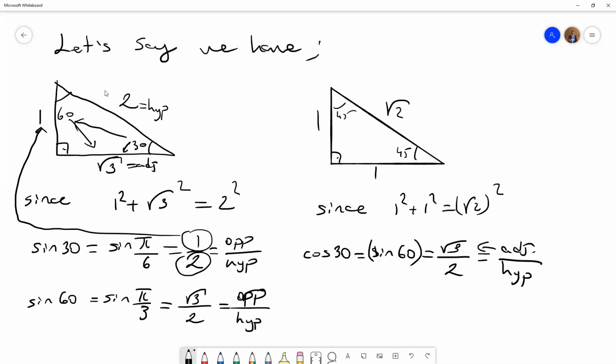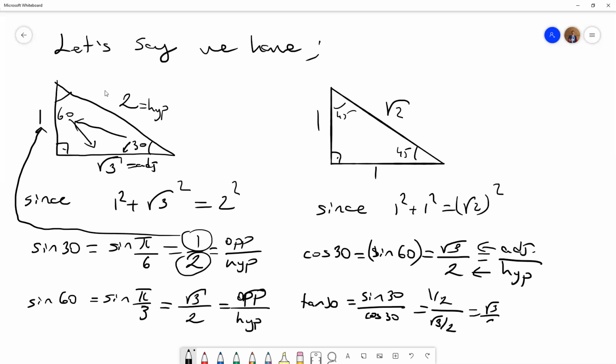So the adjacent is square root 3 and the hypotenuse is 2. So it is square root 3 over 2. And if you want to find tangent 30 degrees, it is sine 30 over cosine 30. So sine 30 is 1 over 2 and cosine 30 is square root 3 over 2.